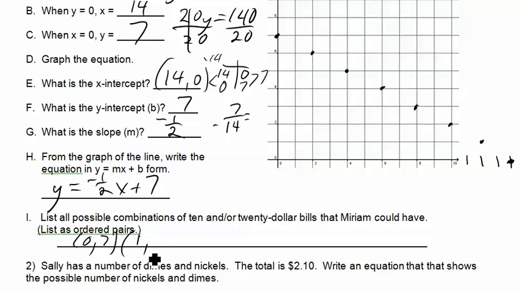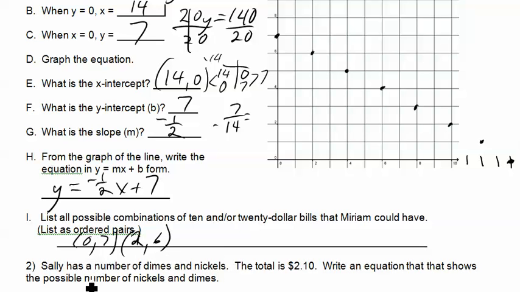If x is 1, actually we don't have that combination because there's no possibility of x being 1 and y being something, because it just doesn't work out to $140. So when x is 2, y is 6.